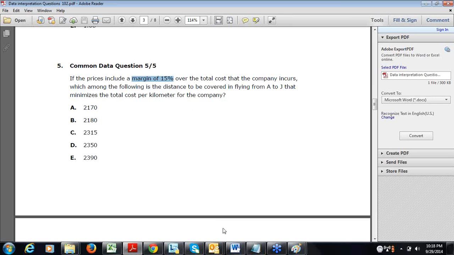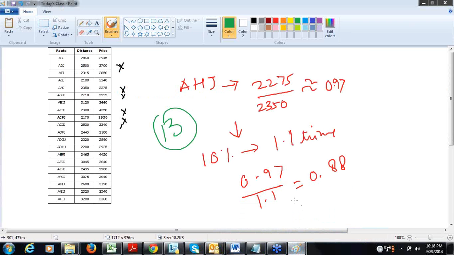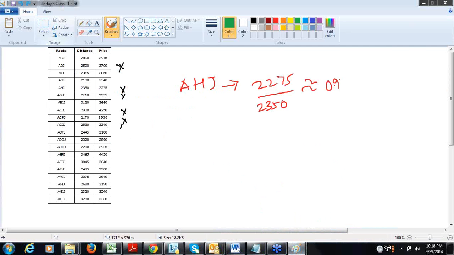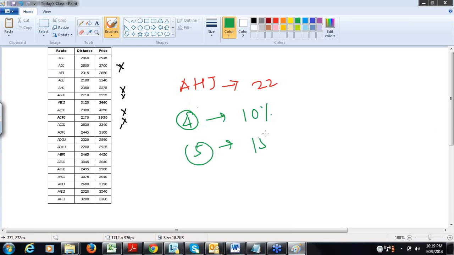Everybody clear with this? See, now it is saying the margin has changed to 15%. Before, in question number 4, it was saying the margin was 10%. Now in question number 5, it is saying 15% is the margin. So what is the minimum price per kilometer?